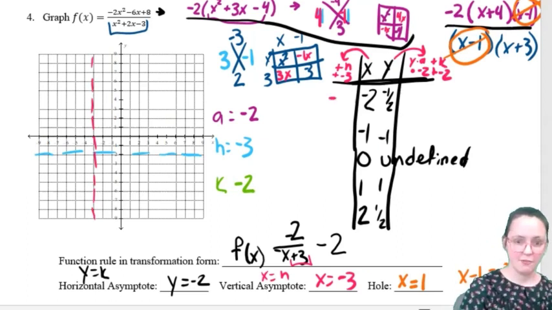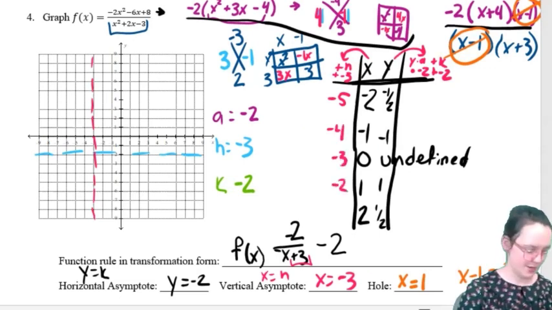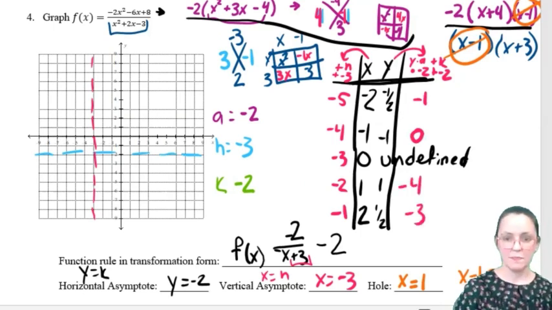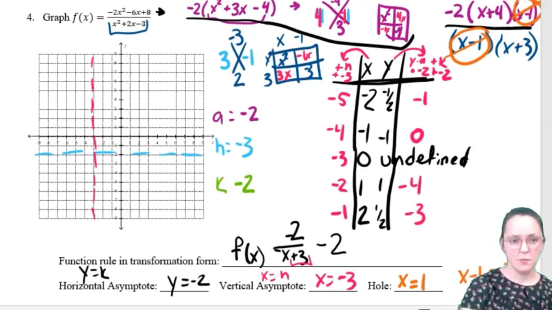We're going to have -5, -4, -3, -2, and -1. And we should wind up over here with -1, 0. Our asymptote doesn't change. Then we have -4 and -3. So we're going to go ahead and plot these points. I'm going to use black here.